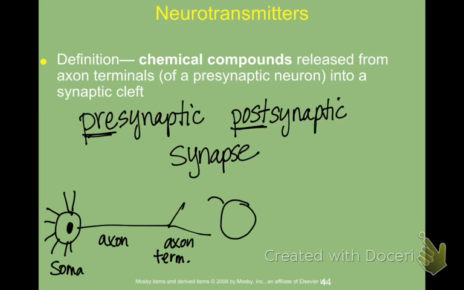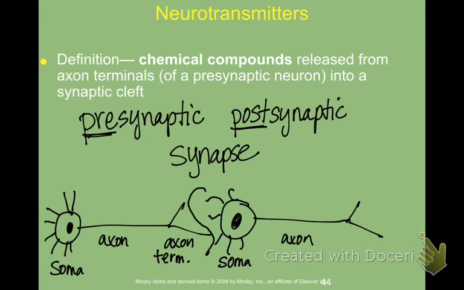And then here I have another, this is my soma, my axon terminals, right? This space here, because the nerves don't touch, they get really, really close. That space is called the synapse.